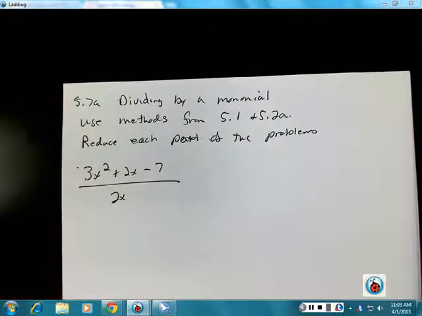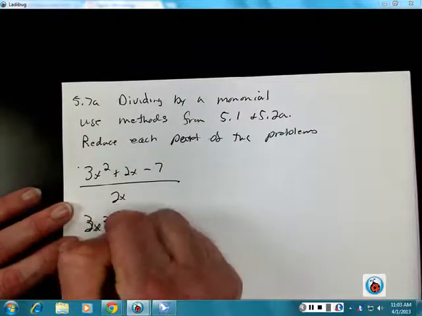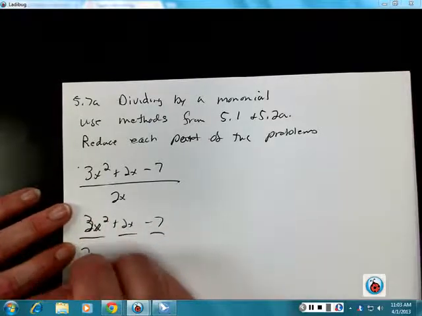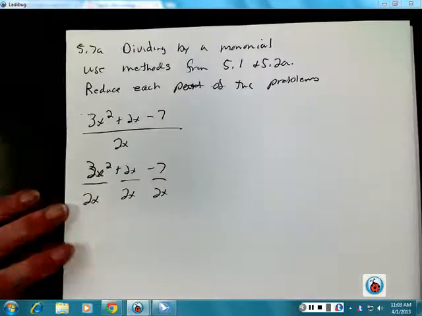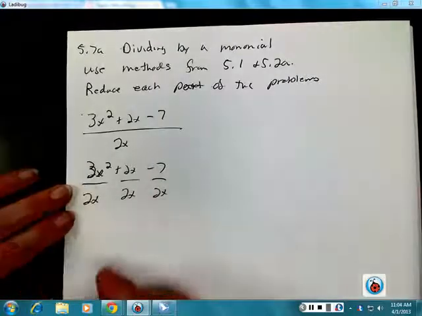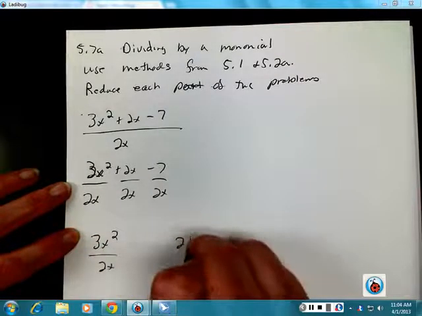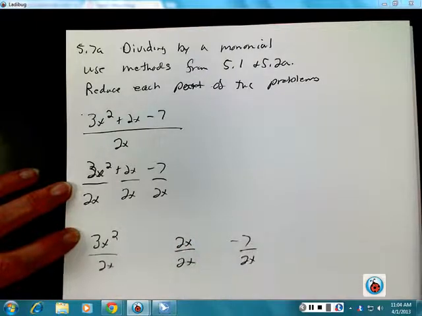And so how I solve this is to take each part and put that same monomial under those parts. So that what I end up with when I'm done with this is I basically end up with 3 problems: 3x squared over 2x, 2x over 2x, and a negative 7 over 2x.